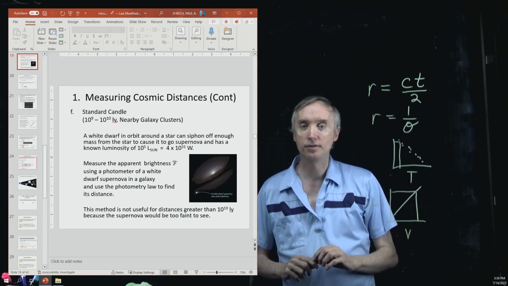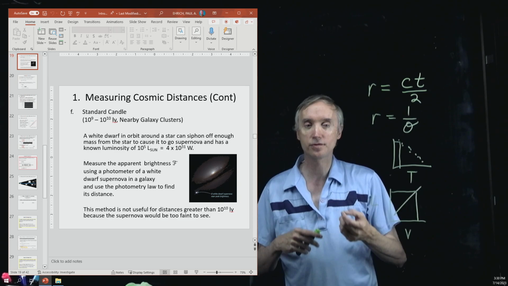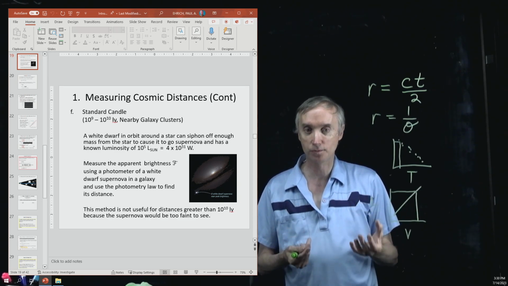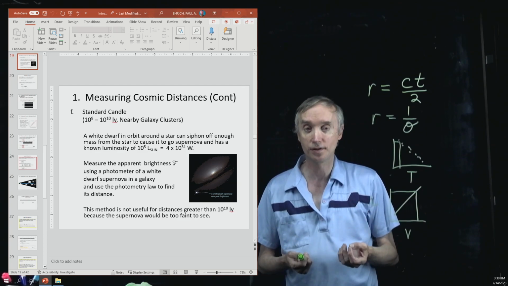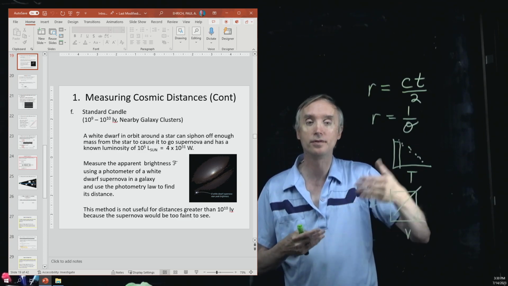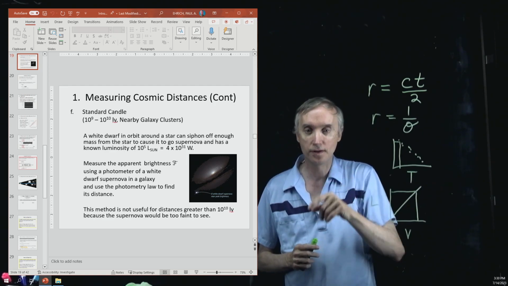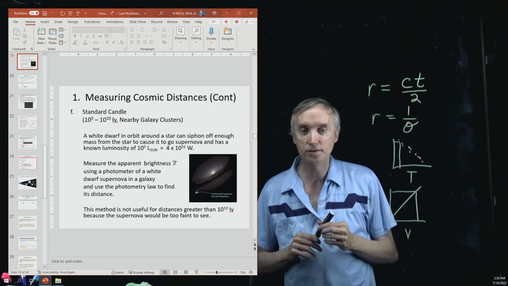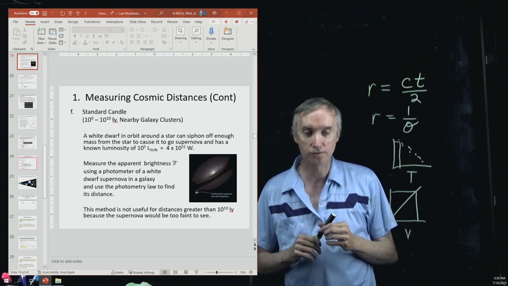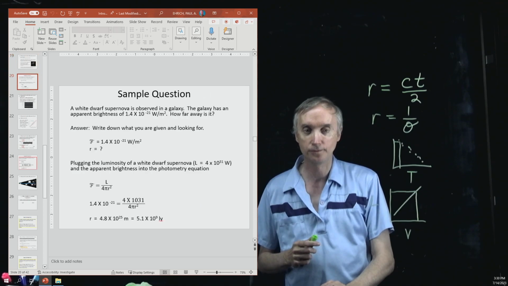Okay, so here this one was called the Standard Candle, and so this was a star that was exploding, and then we could measure its luminosity and then use that to figure out the distance to that supernova event. So it says here that this method is not useful for distances greater than 10 to the 10th light years away. So 10 to the 10th light years.